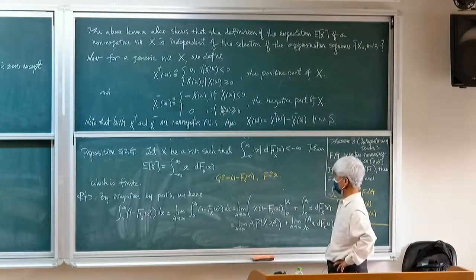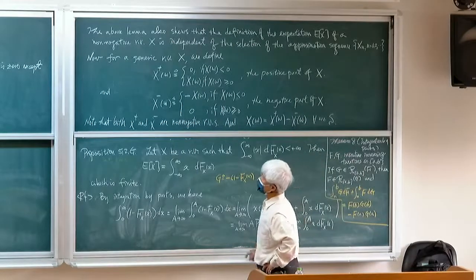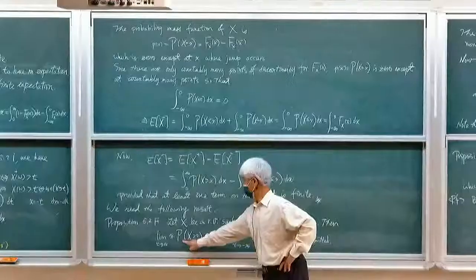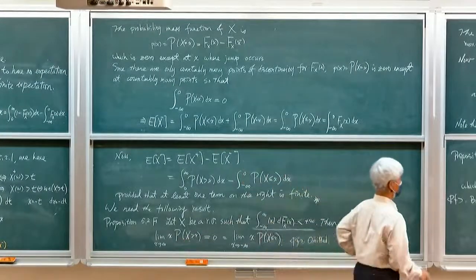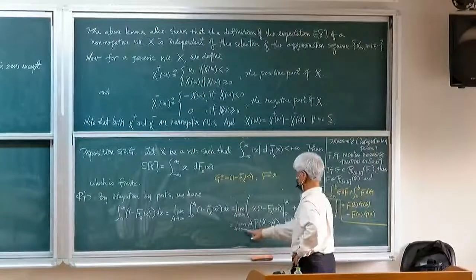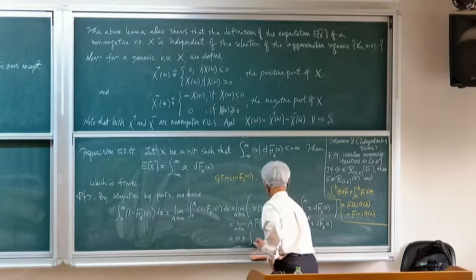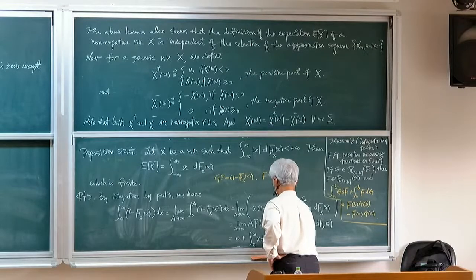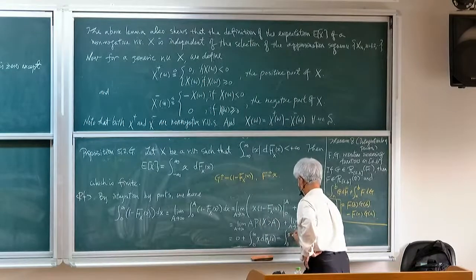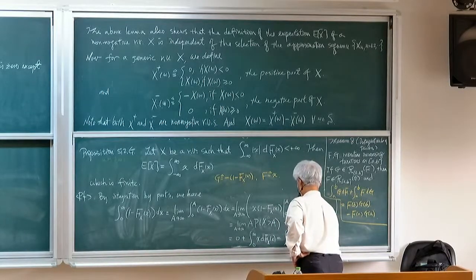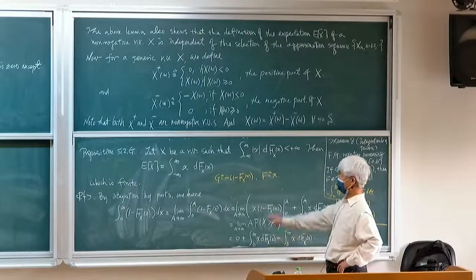By this proposition, when a goes up to infinity, this is 0. So we have 0 plus this improper integral, and so we have the integral from 0 to infinity of x dF(x).